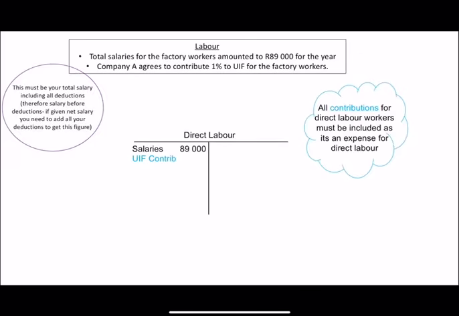So all contributions for direct labor workers must be included as it is an expense for direct labor. Now it says Company A agrees to contribute 1% to UIF for the factory workers. So now we need to go and calculate that. We have to say 89,000 times 1% gives us 890. We can fill that into our direct labor account.